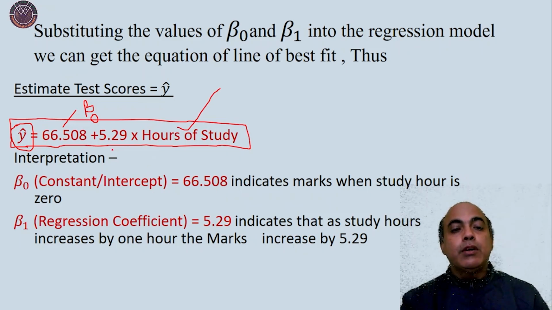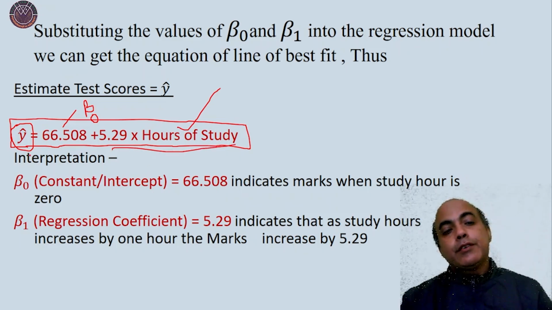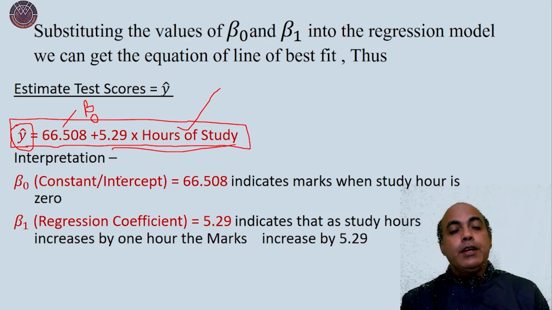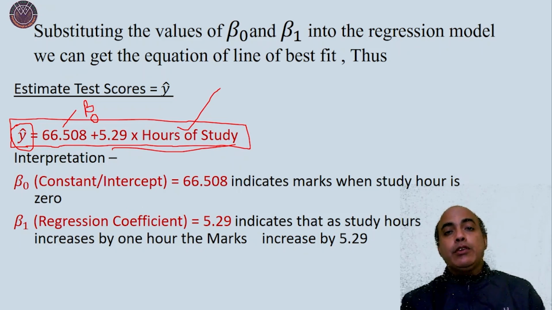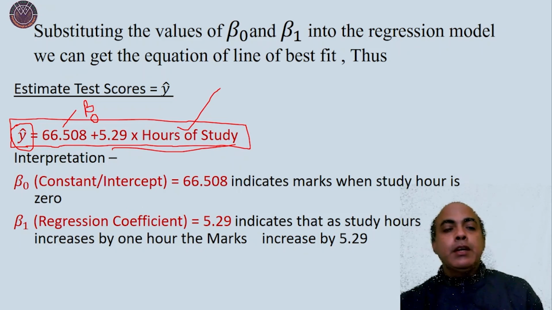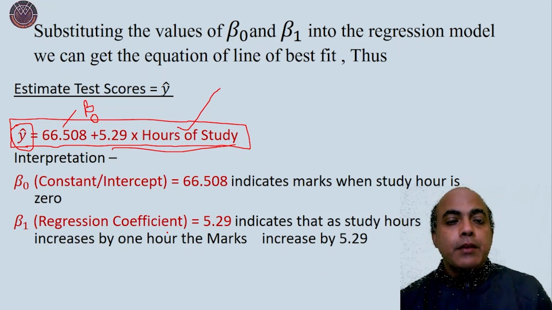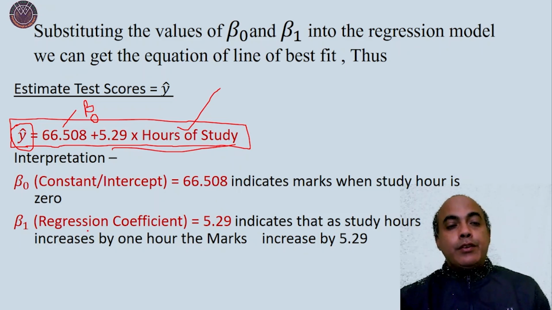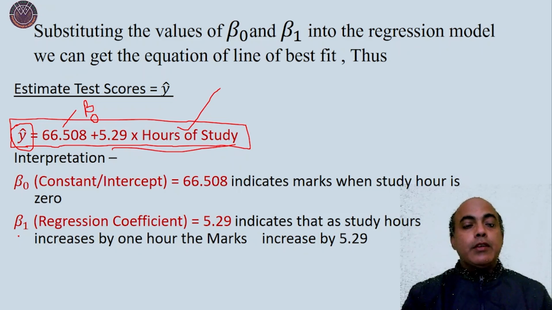If this term becomes 0, this is the mark we get. Practically this is not the situation, that if you do not open a book you will get this, but in simpler terms this is the interpretation. In the second condition, what is beta 1?